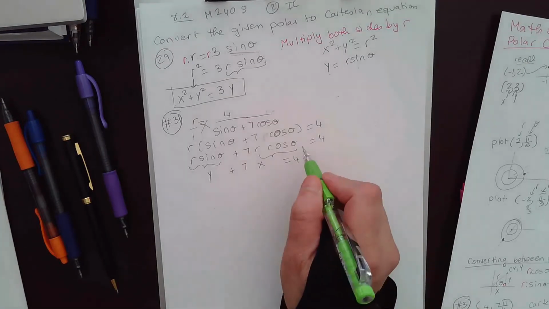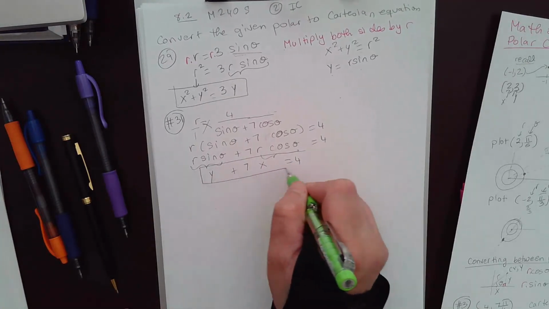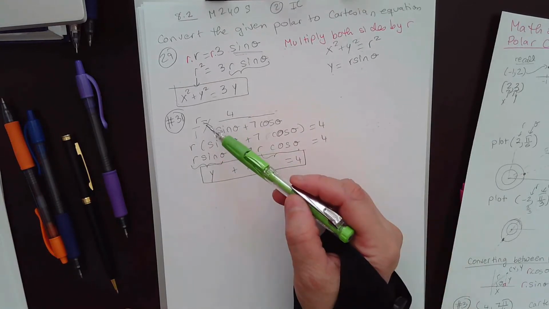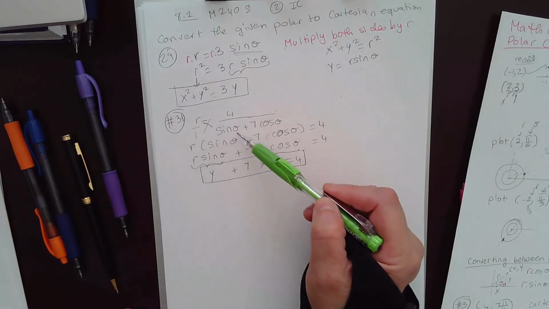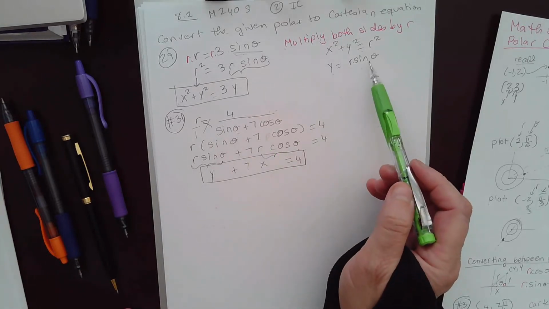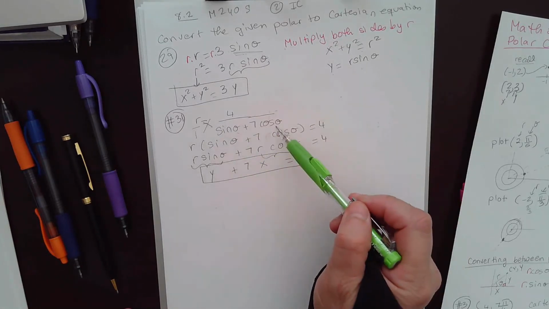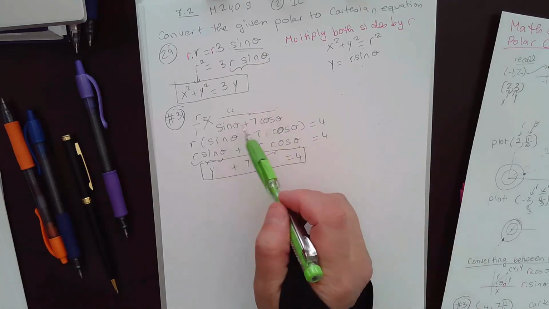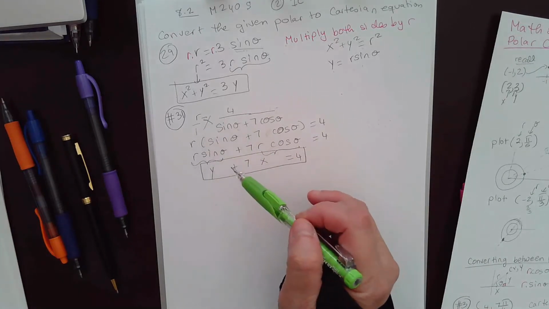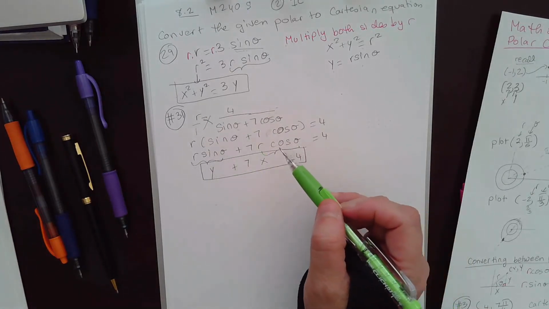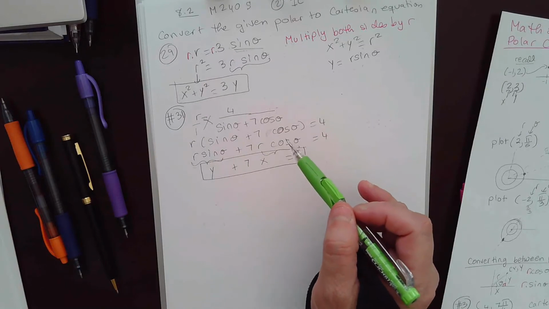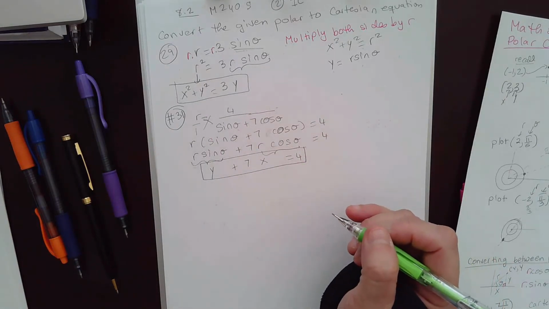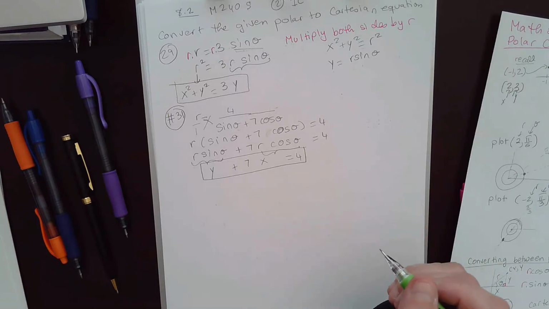And it looks like we have a line here. When you see something like this, if you can imagine, r sine theta is a y, and 7r cosine theta will be 7x. So you can guess it. Usually when you have a fraction like this, cross multiply to get rid of the denominator. Either multiply both sides by the LCD or cross multiply like we have here. This is number 31. So let's have more problems.